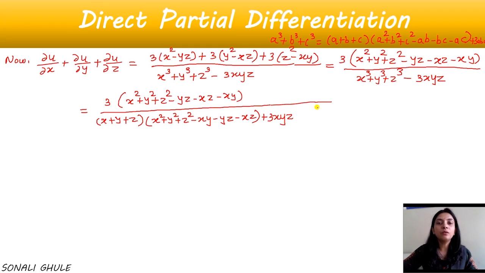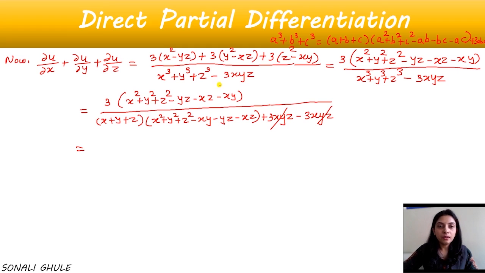This is according to the formula, but already we are having a negative term there. What is it? Minus 3xyz. So these terms get cancelled. So what is the remaining term then? Only this numerator and this denominator.